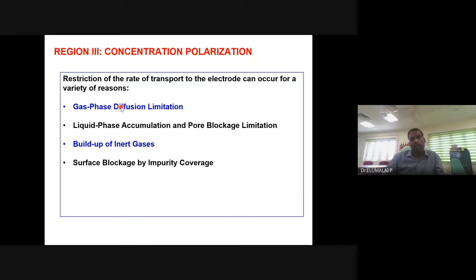Concentration loss occurs due to non-availability of the fuel molecule, through accumulation of water in the pores and build-up of inert gases. Hydrogen will decompose, nitrogen will not decompose. If nitrogen is building up in the pores, that will hinder the availability of hydrogen to be absorbed. Impurities, of course.